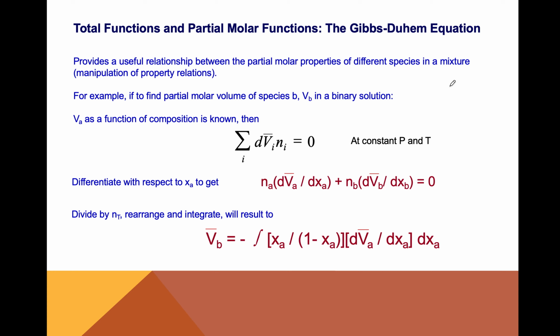For example, if we want to find the partial molar volume of species B, Vb, in a binary solution, where Va as a function of composition is known, then it is going to be described in this equation at constant pressure and temperature. Differentiate with respect to xa to get this equation, whereby dxb should equal 0, and divide by nt, rearrange and integrate, which will result in this further equation.